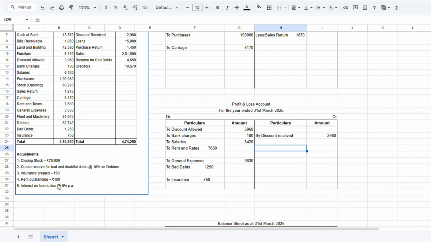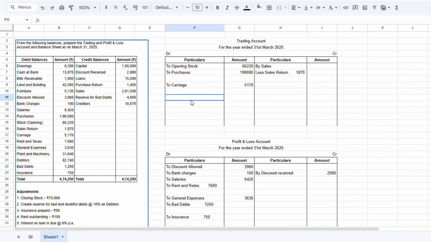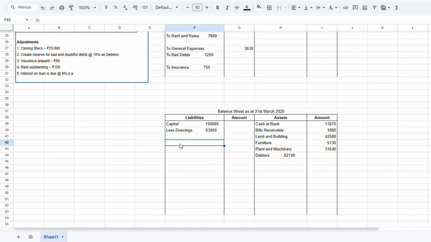Next we have loans, that is 15,000. And there is an adjustment for loan, interest on loan. So first we have loan. Loan is a liability. So balance sheet liability side, loan 15,000.